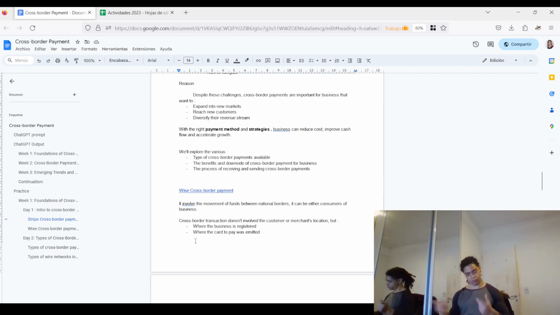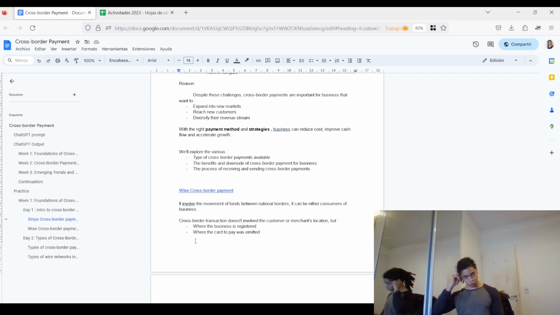This is something important to consider, because they will apply, as I mentioned, additional fees. There might be some risks to navigate, and so on and so forth. So these are the things that we have to consider, especially for doing cross-border payments.